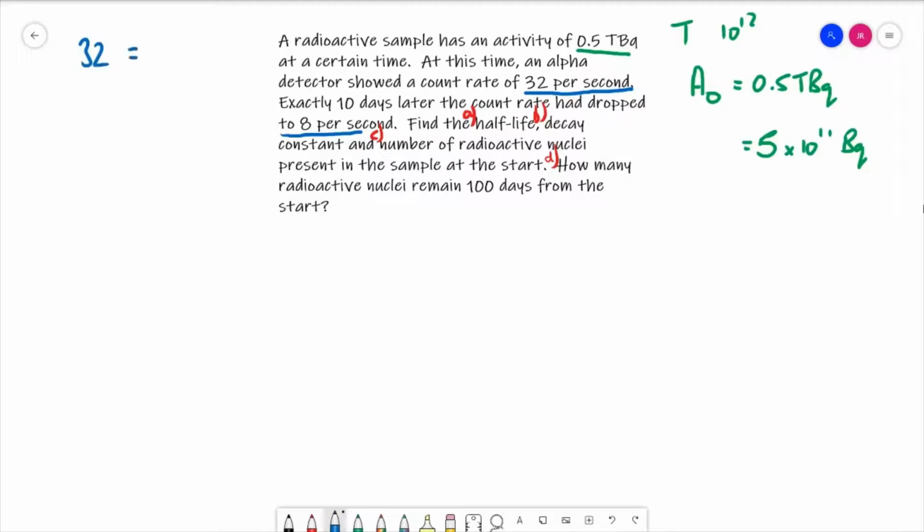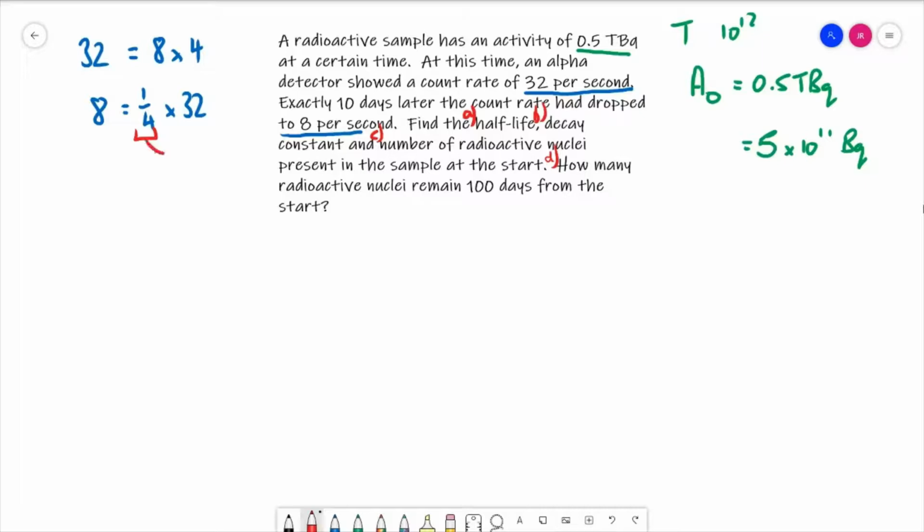32 is obviously 8 times 4, or in other words 8 is a quarter of 32. Because we're dealing with an exponential decay, as soon as we deal with a fraction that has got a power of 2 on the bottom, it's going to work out as a nice integer number of half-lives.